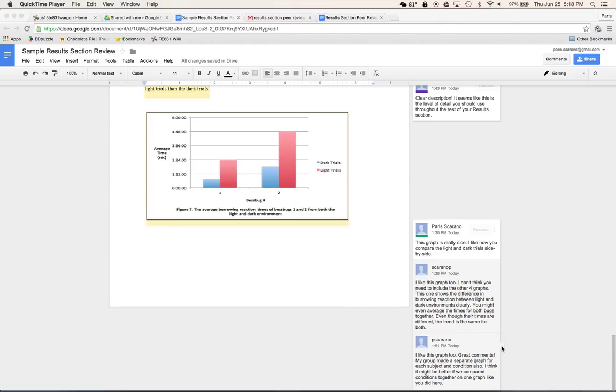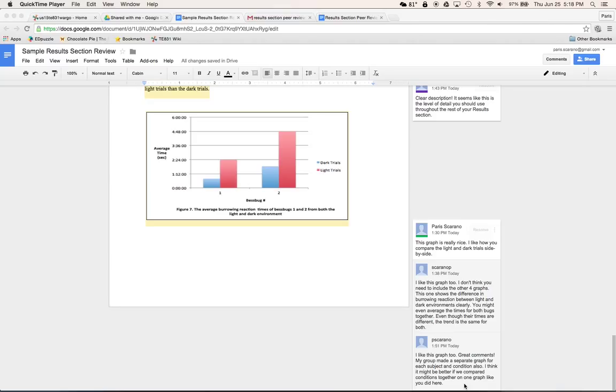Now, importantly, this very last comment down here, this final student, has indicated that she's actually learned something by reading through the comments provided by other classmates. So she mentions that she likes this graph too, and that from reading these other comments, she's actually noticed that her group could improve upon their paper.